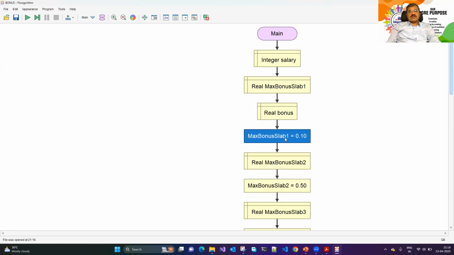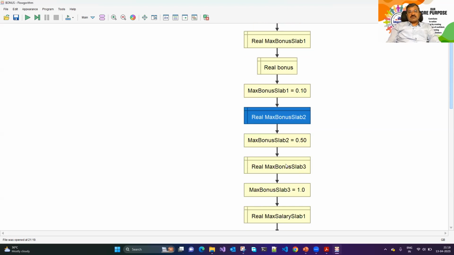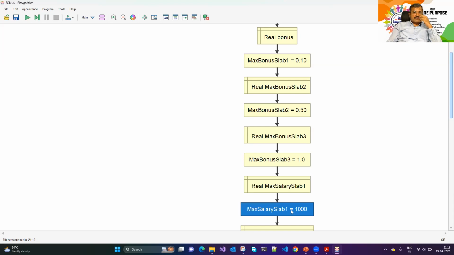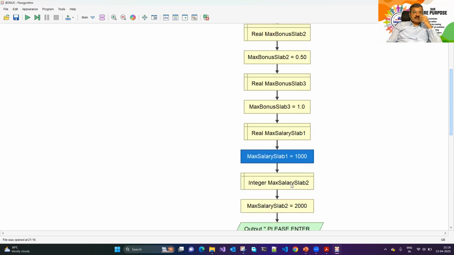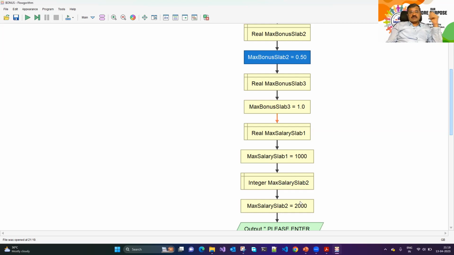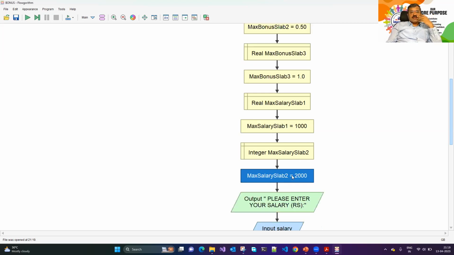So you shouldn't have said slab, you should rather have said rate. These are bonus rates. So names are very important. Then real max salary slab 1, that's 1,000. Here these are slabs, that's correct. The previous ones were not slabs, they were rates, percentages. So make necessary changes to the variables.